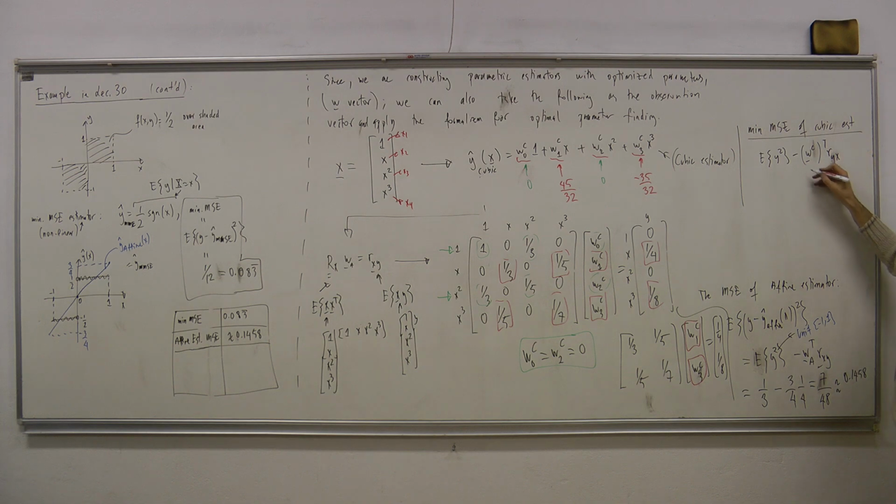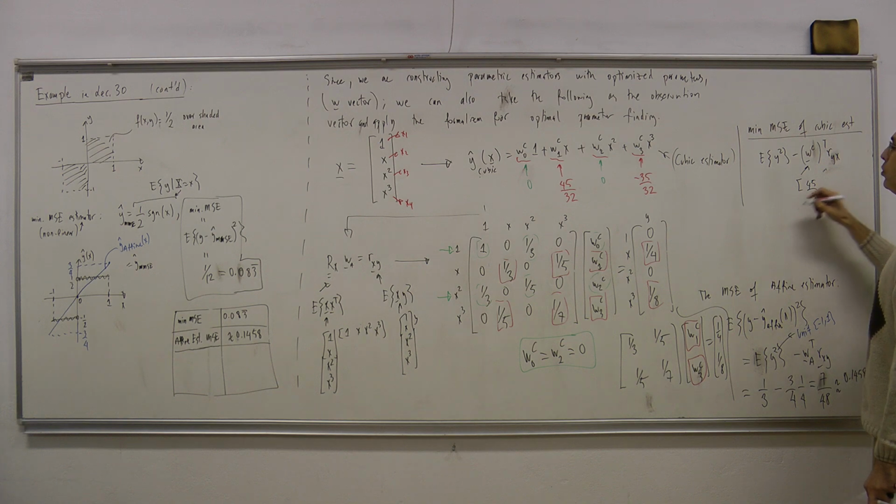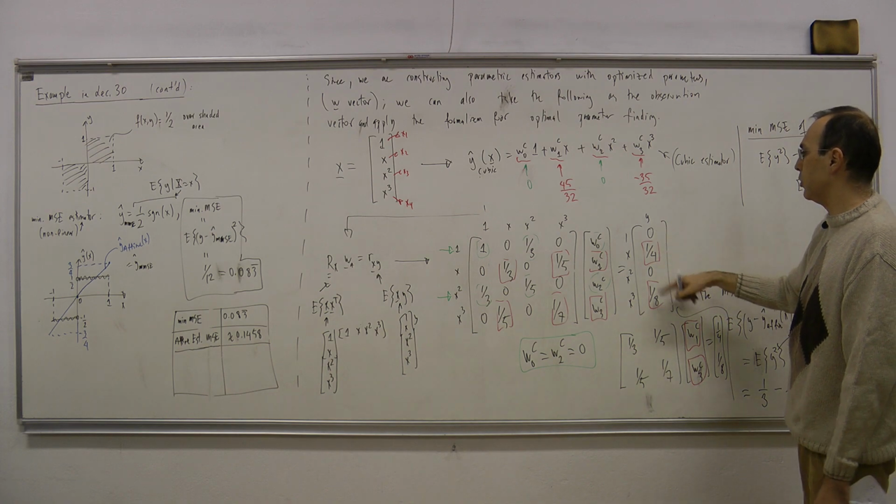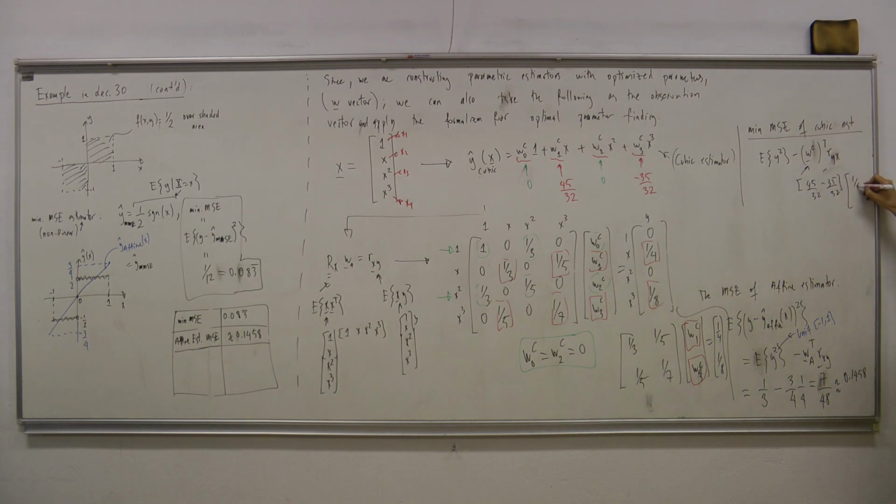So this is 45/32, this is minus 35/32, and there are some zeros. I'm not writing those zero terms. 1/4, 1/8.